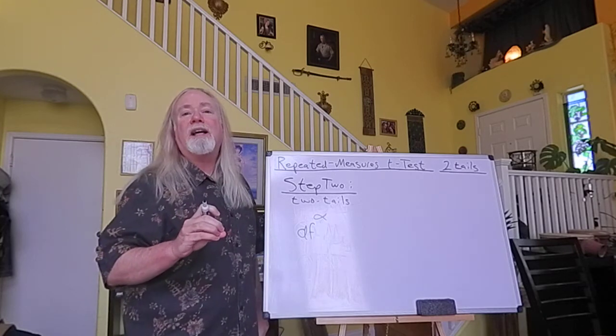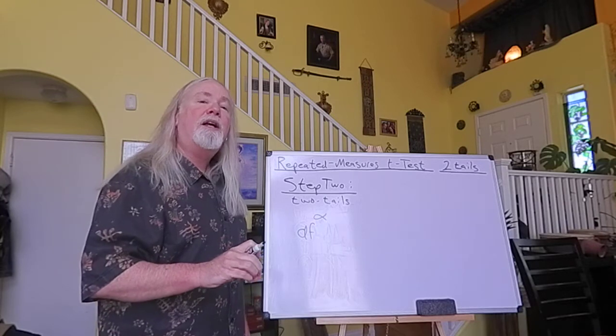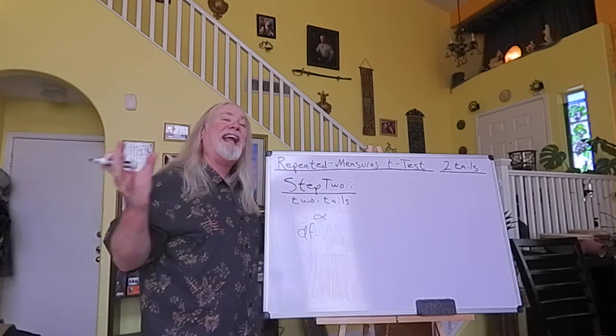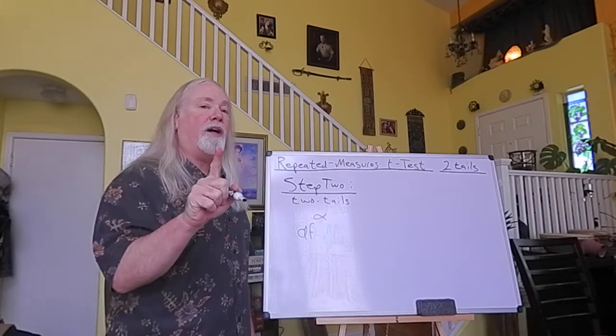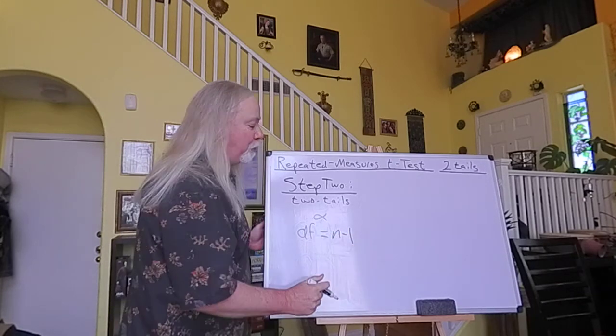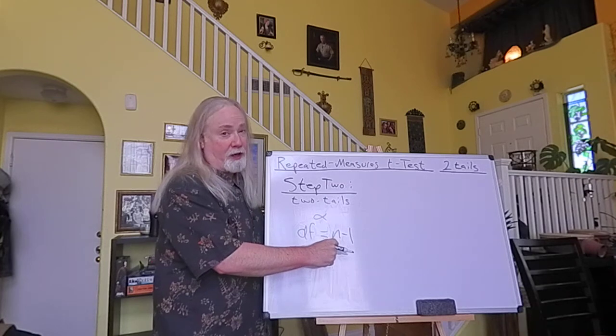This goes back to the way we did it in Chapter 9. Remember in Chapter 10, we had to get the degrees of freedom from sample A and the degrees of freedom from sample B and add it all together. There is only one sample here. So we're going back to our regular old n minus 1. The number of people in the sample is the best way to think about this.